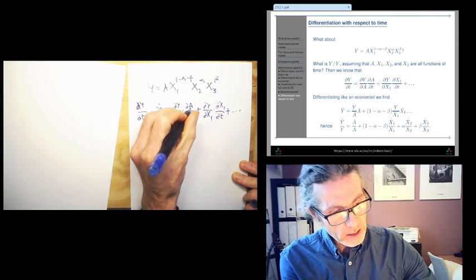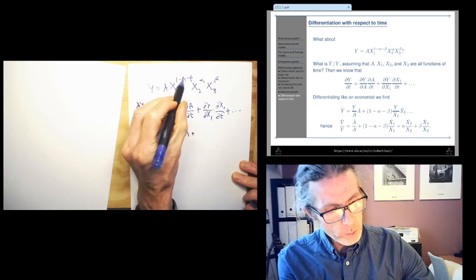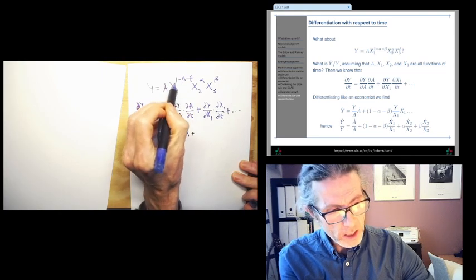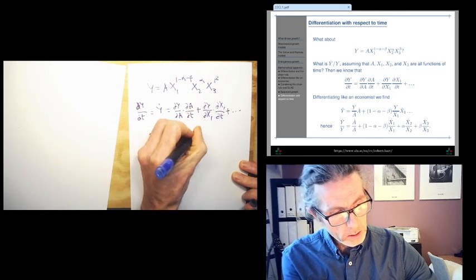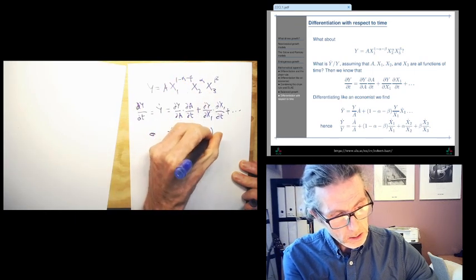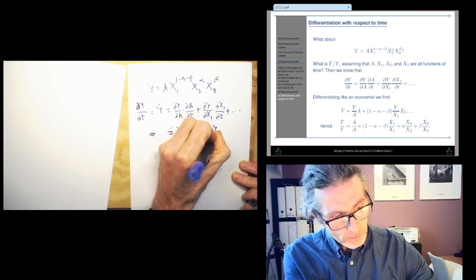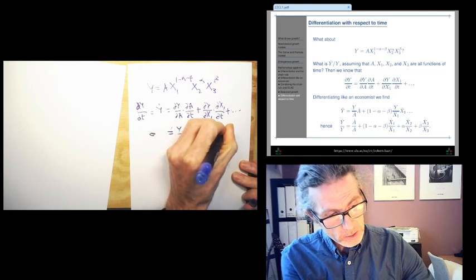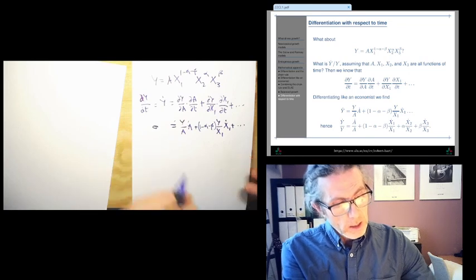And dA dt is just a dot. Dy dx1, like an economist, is 1 minus alpha minus beta times y over x1. And then dx1 dt is x1 dot, plus, and so on.